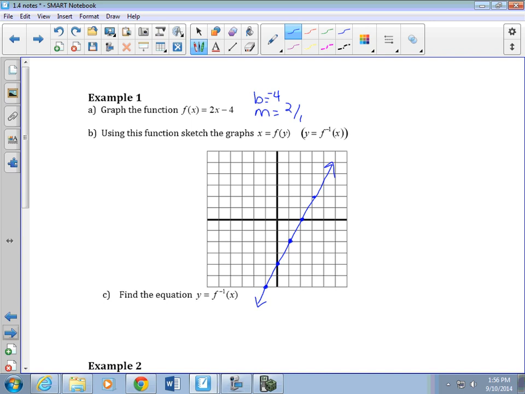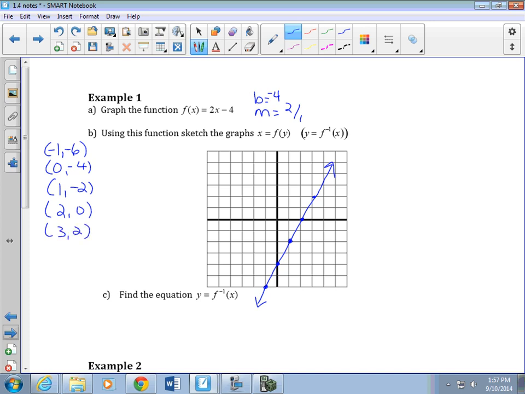So in my original graph, I was down here at (-1, -6). Then I was at (0, -4), (1, -2), (2, 0), and (3, 2).